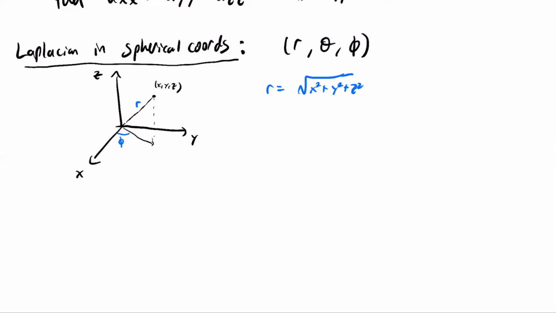And then also, if we go back to our original vector x, y, z, this also makes an angle theta with the z-axis, right? And so these are the definitions of these coordinates, right? So it turns out that as long as you specify a radius r, you specify this angle phi in the xy plane, and then you specify the angle it makes with the z-axis, you can describe every point in space in this way.